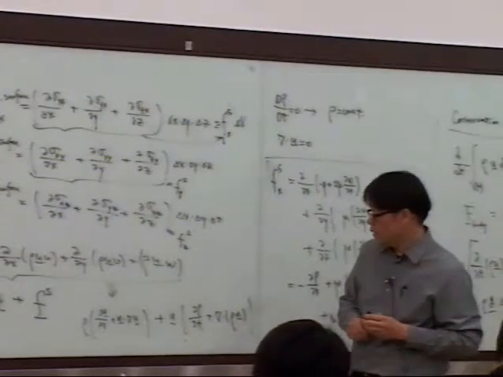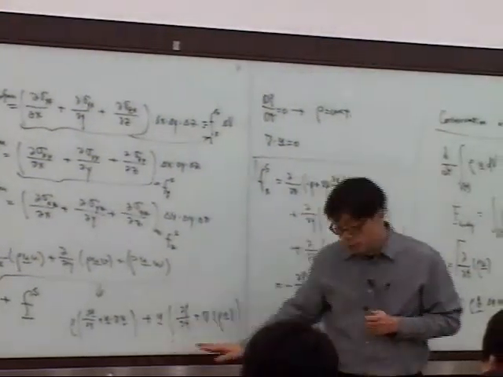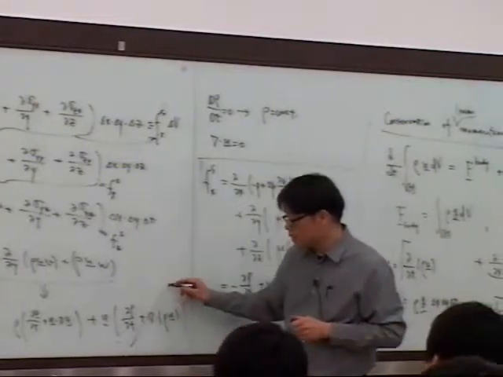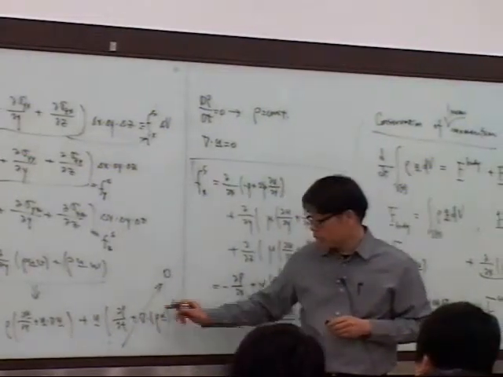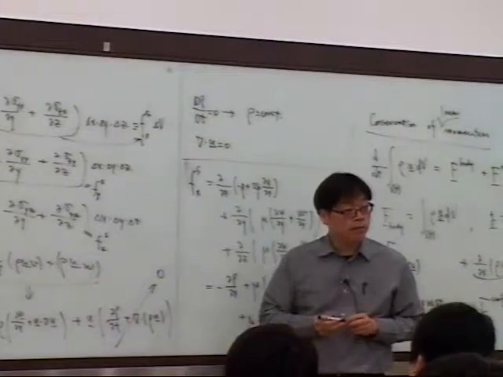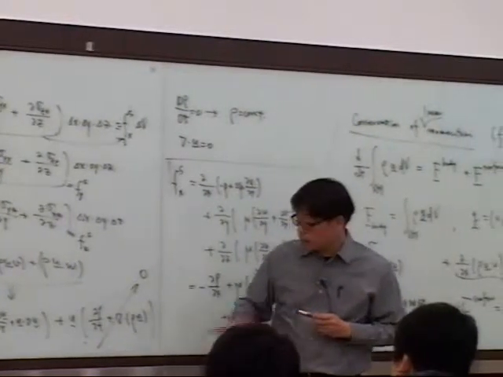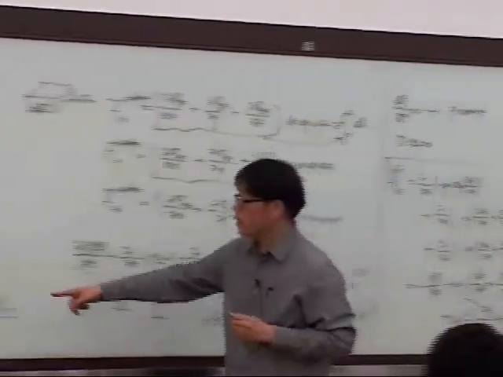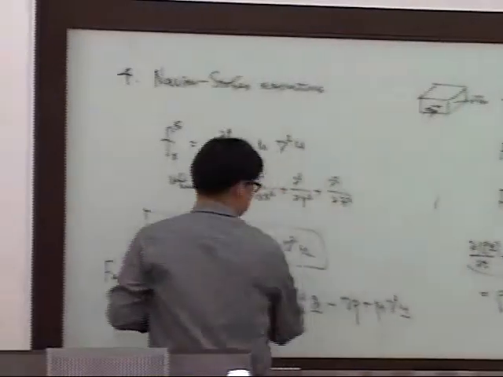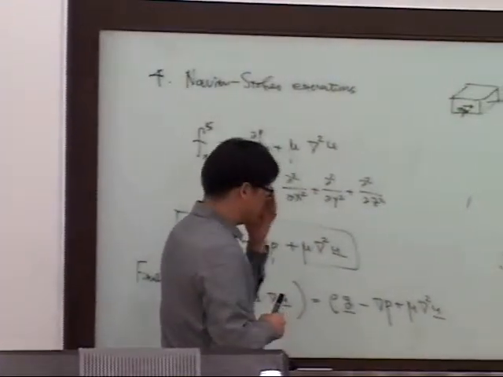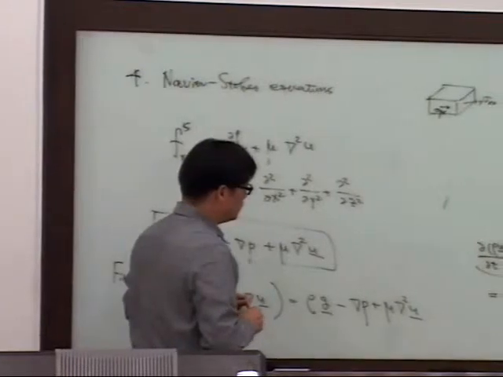You have to go through, and this guy is nothing but 0 because this is the equation from conservation of mass. So that's why I wrote only this part here.